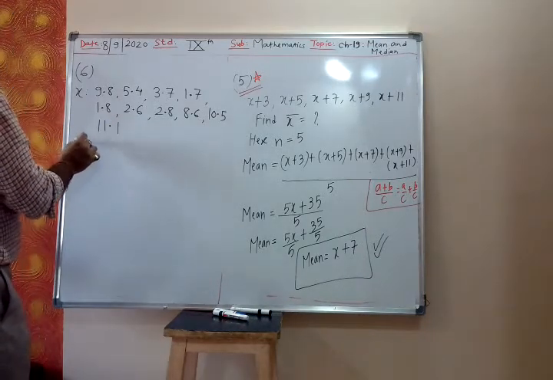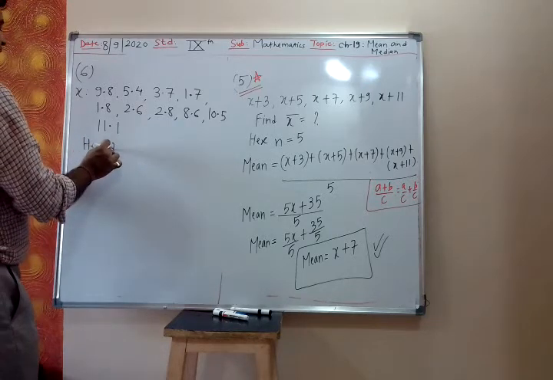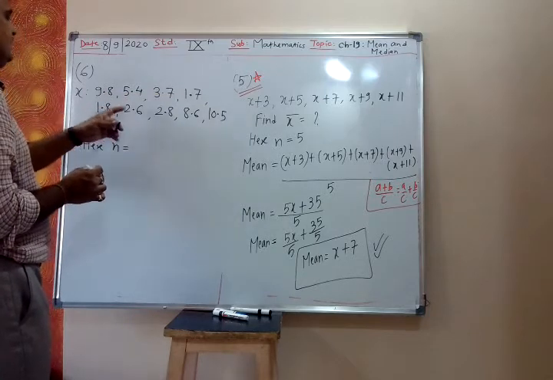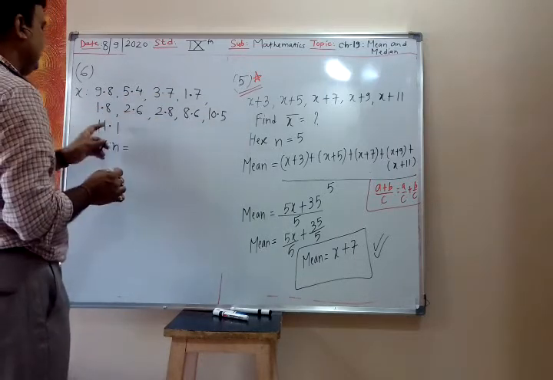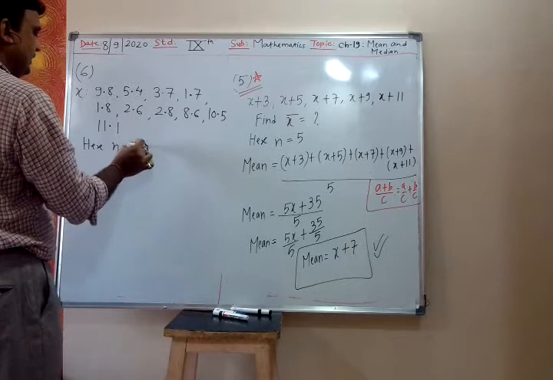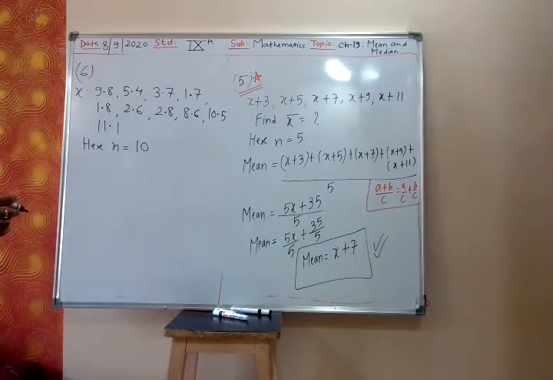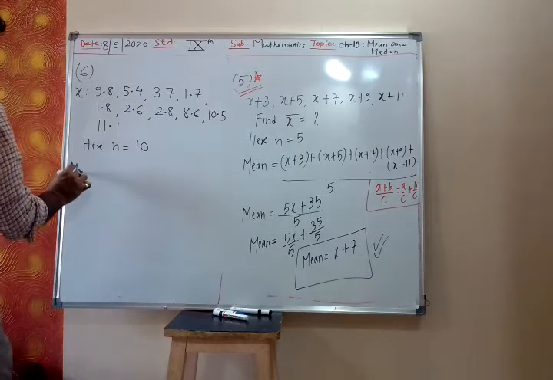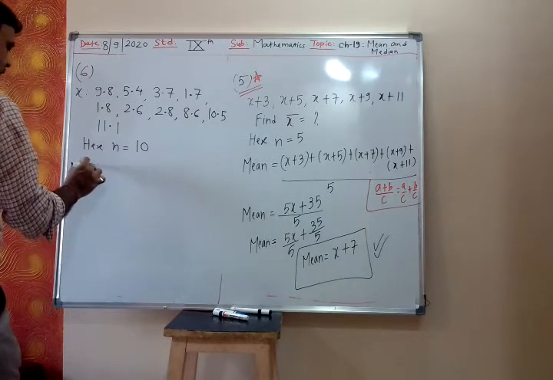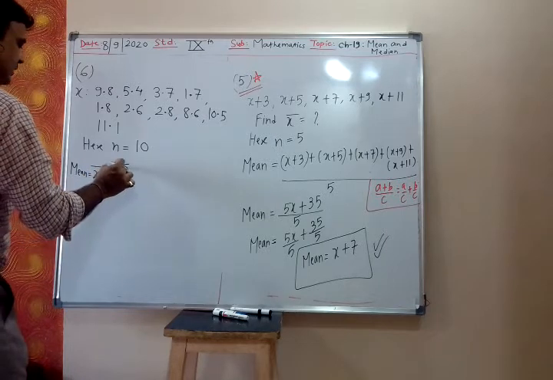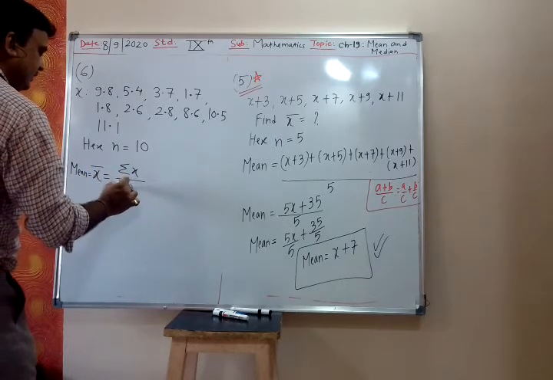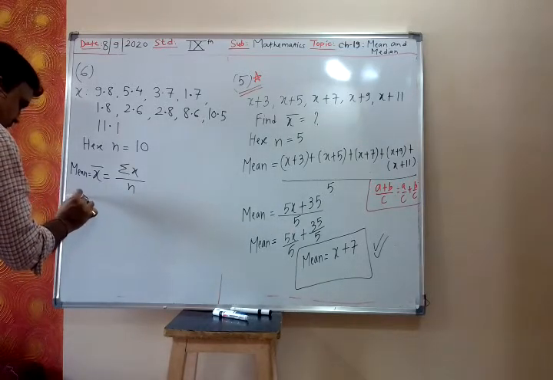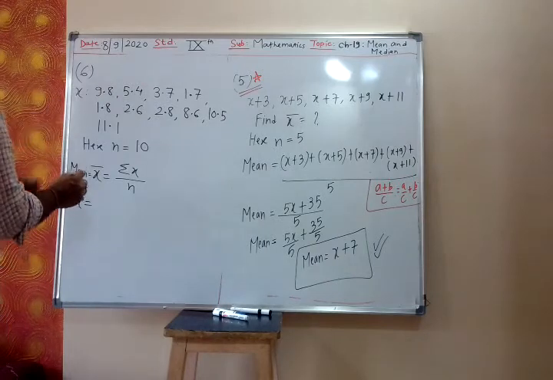So we count how many values are given. Here small n, how many? 1, 2, 3, 4, 5, 6, 7, 8, 9, 10. Small n is 10. So to find the mean value x bar, we add all the values. We write the formula summation x upon n. Summation x means add all the values of x.